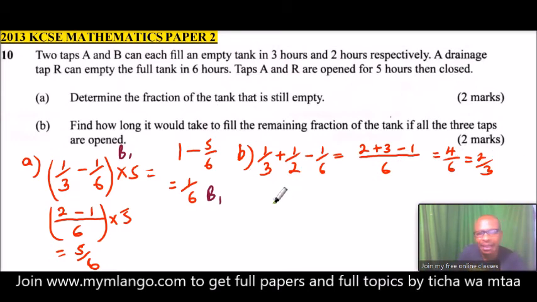And now, since the remaining part we have seen is 1/6, you divide 1/6 by the amount to be filled, which is 2/3.